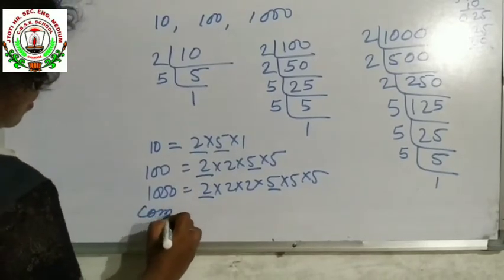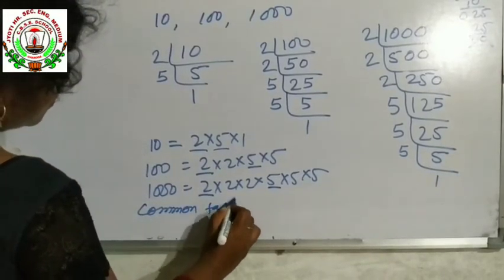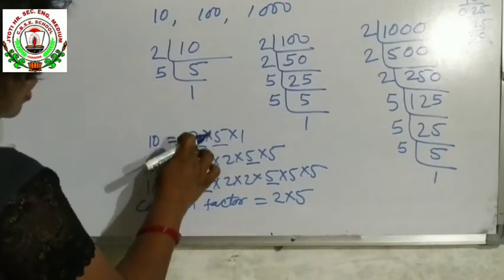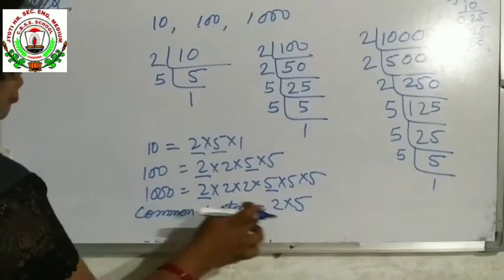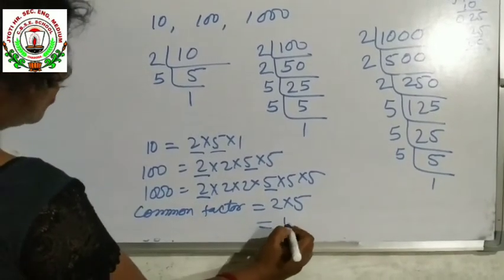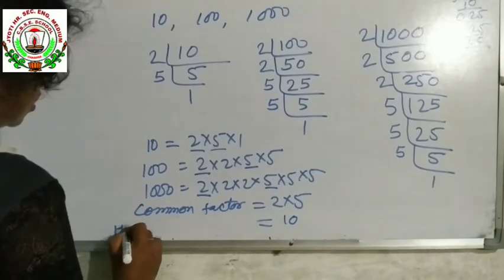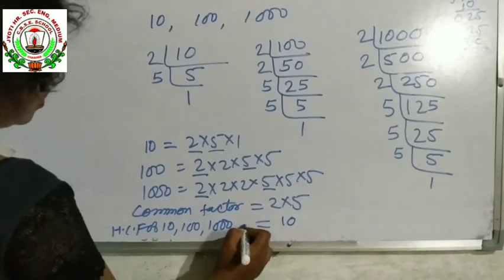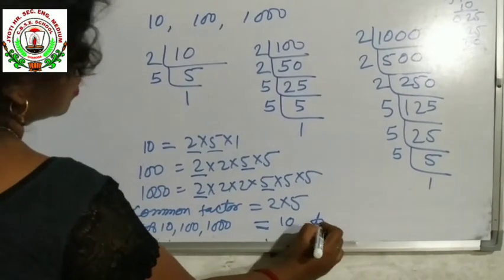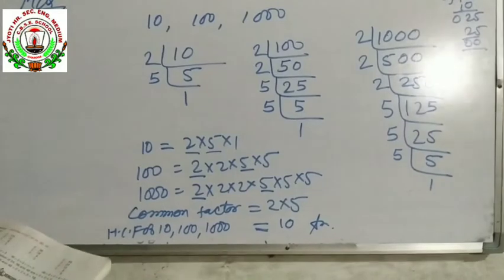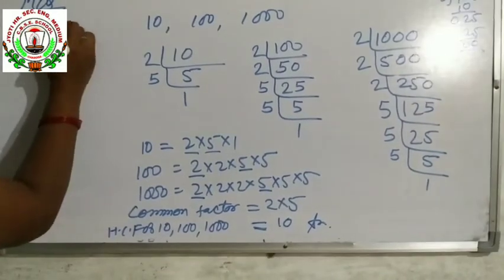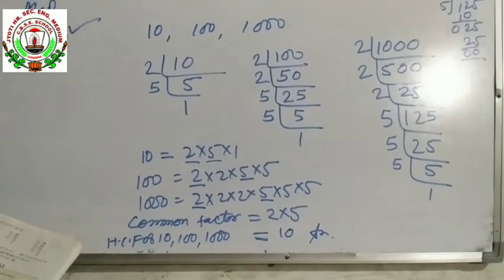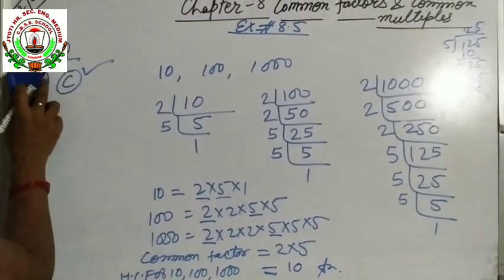So the common factor is 2 into 5, which is 10. So the HCF of 10, 100 and 1000 is 10. This is the answer, option C. You will put a tick mark in C. Understood how to find the HCF? Next question is question number 5.